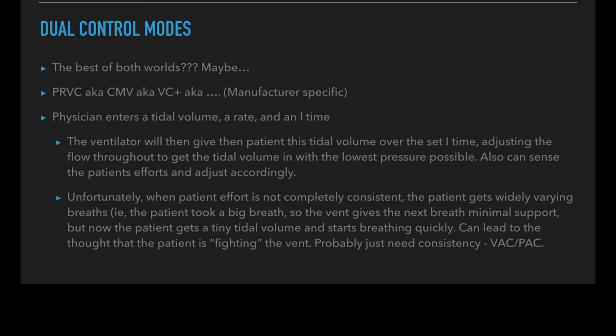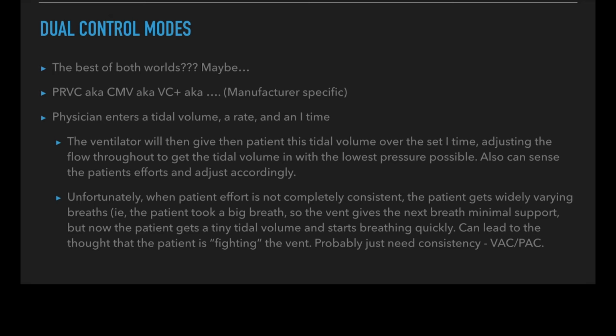So how these work is the physician or RT enters a tidal volume, a respiratory rate, and an I time. The ventilator will then give the patient this tidal volume over the set I time, adjusting the flow throughout the breath to get the tidal volume in with the lowest pressure possible. It can also sense the patient's efforts and adjust accordingly.